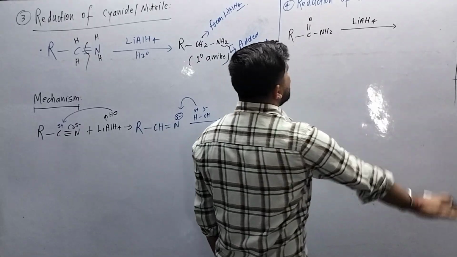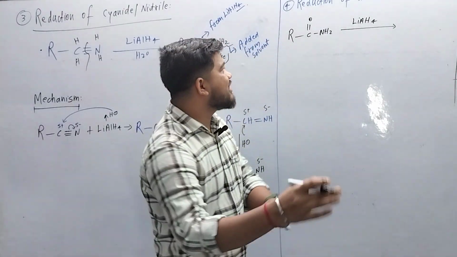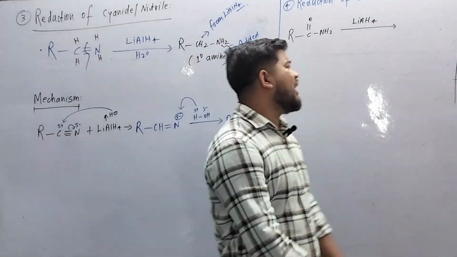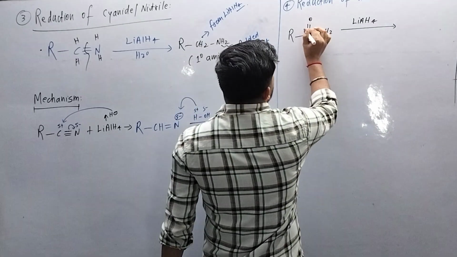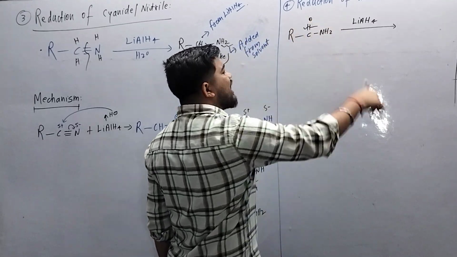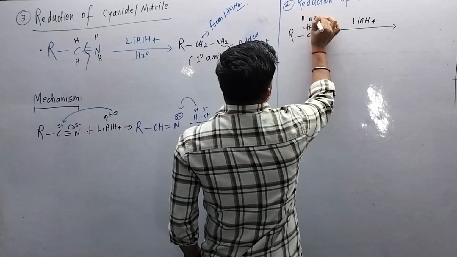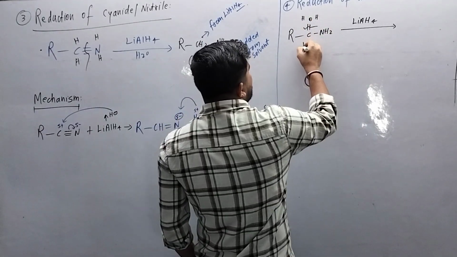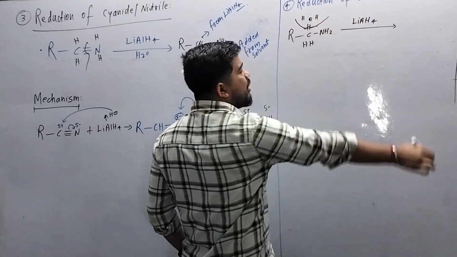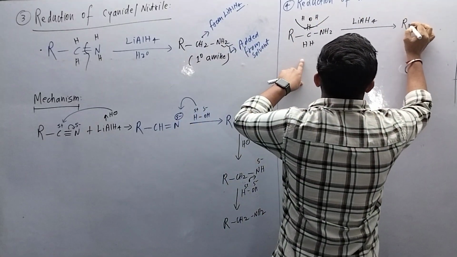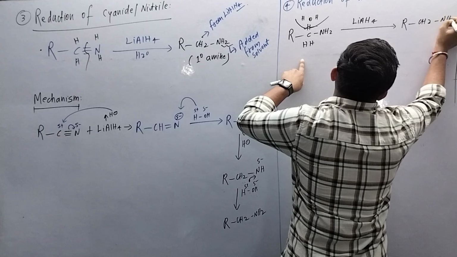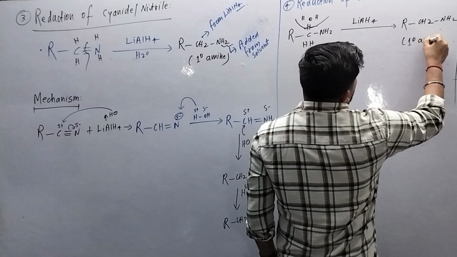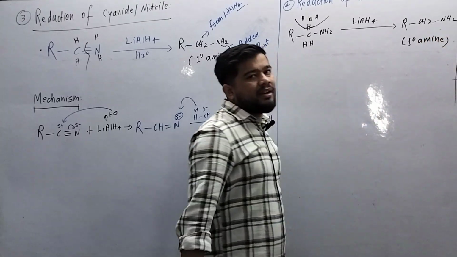This is also a reduction of amide. Simply, we will take a shortcut to make the product. The bond between carbon and oxygen will be broken. We remove the oxygen and add 2 hydrogen to the carbon. H2O, water molecules, will be released, and our product will look like RCH2NH2. That means a 1 degree amine is also generated here.